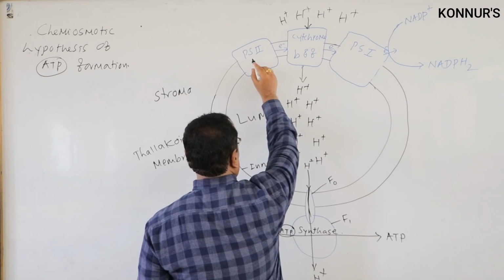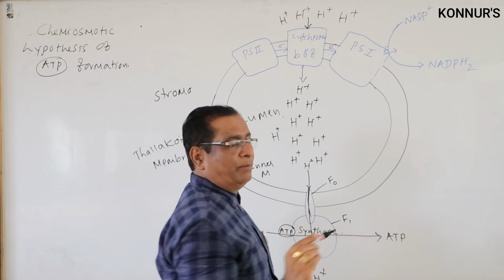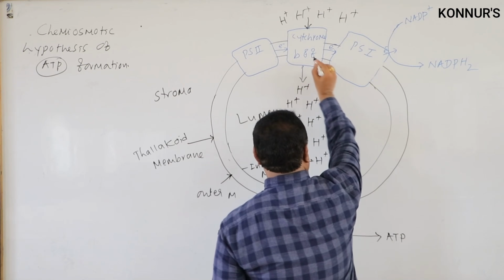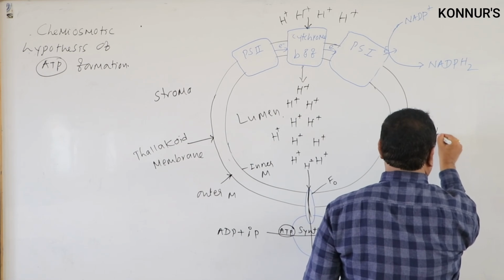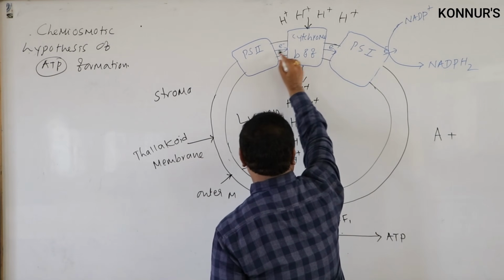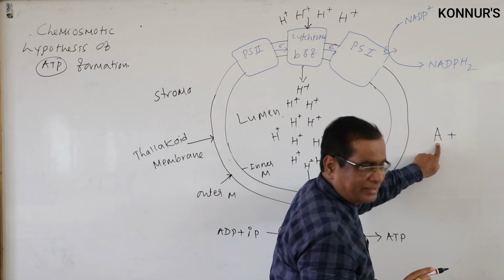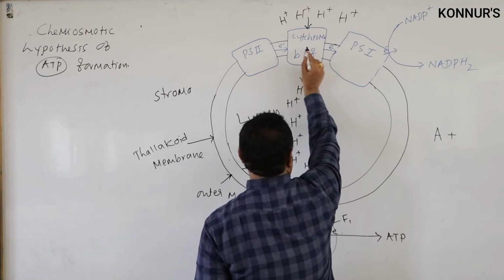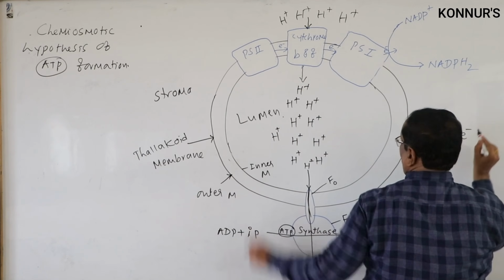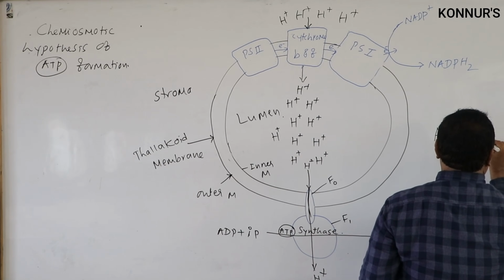Whenever the electron from photosystem second comes to the cytochrome B and F complex, I consider it as A. Whenever the electron comes, protons from the stroma also come.